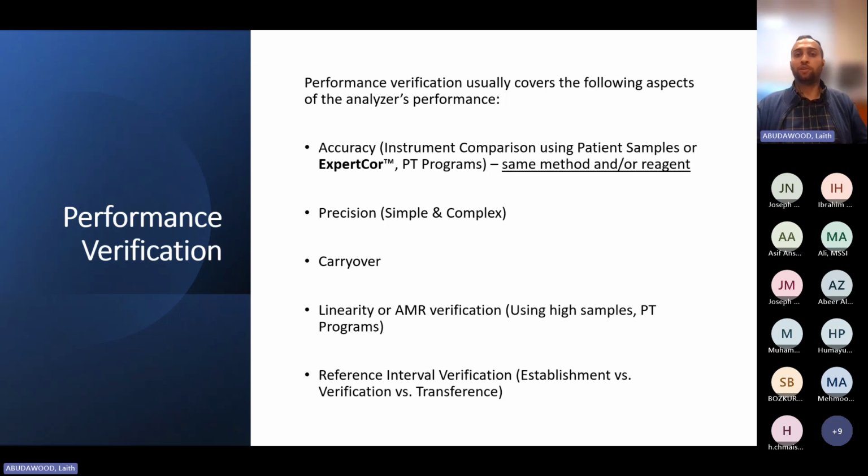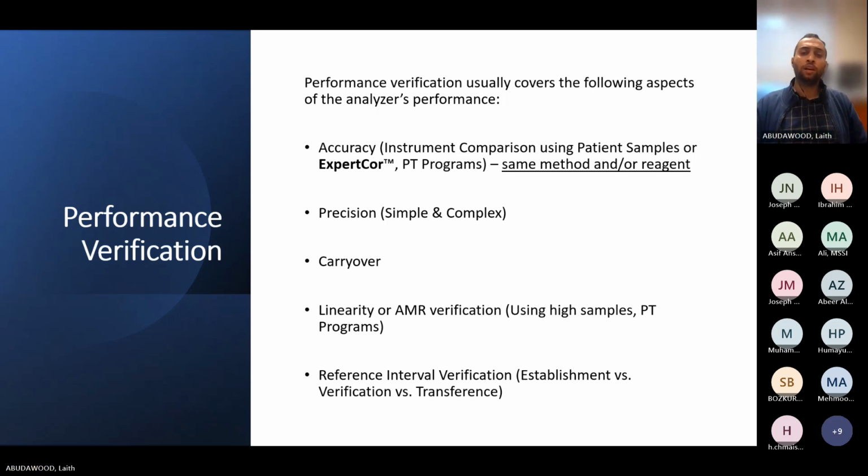This range in the Stago IFU is for adults. If you use this range for pediatrics, of course it will not work, because pediatrics will give you different results. So whenever I want to use a reference range as a customer, I must verify that it works for my population. I cannot just use it blindly.